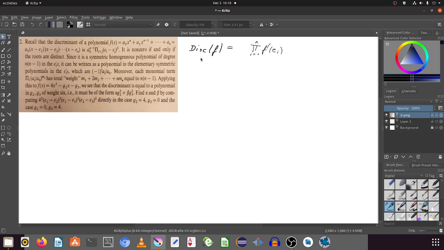So this gives a to the nth, and if it's equal to this by Vandermonde's theorem, then this should give a naught to the nth here and a naught to the nth.